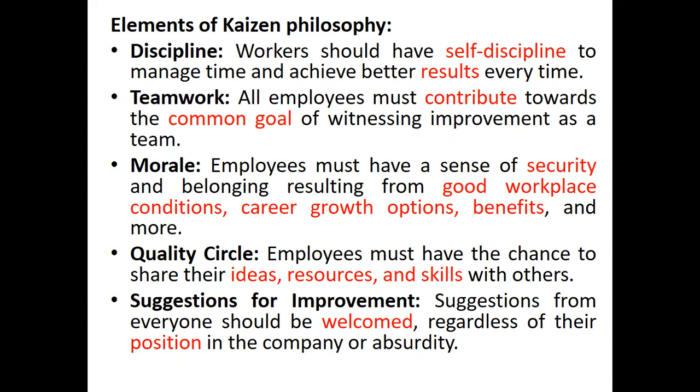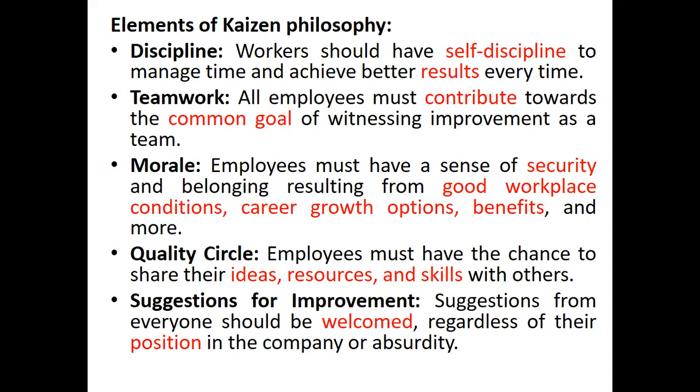So these are the five principles that I can use in the Kaizen philosophy. Okay. So Kaizen does not mean any kind of technology or machinery. These are some working condition principles.